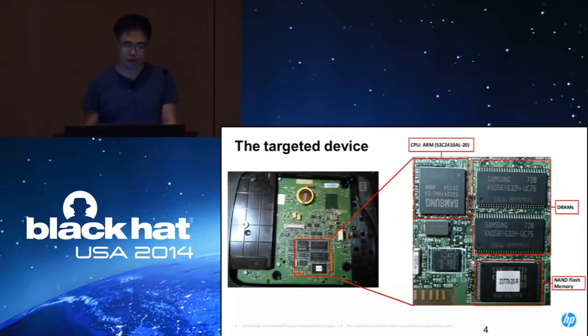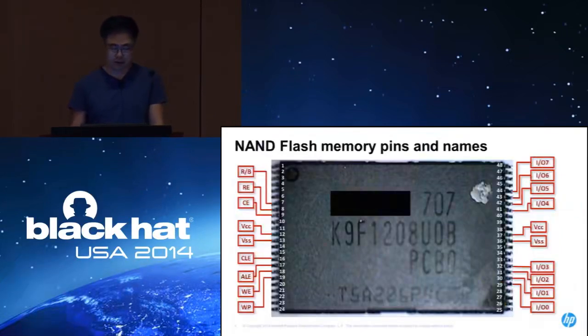You can just look up the model number on the internet, and you can easily find the data sheet. In the data sheet, you can find the specification. On the right side, the pins are for 8-bit data I/O, and the left side is for control.